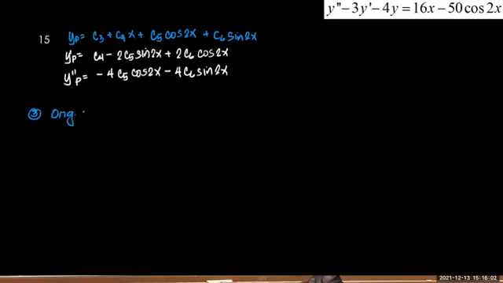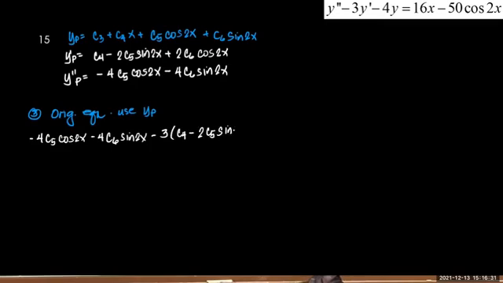So we'll go to step number 3. Original equation, but then use yp. So the original equation using yp, y double prime is negative 4 C5 cosine of 2x minus 4 C6 sine of 2x minus 3 times y prime. So C4 minus 2 C5 sine of 2x plus 2 C6 cosine of 2x, and then minus 4y.